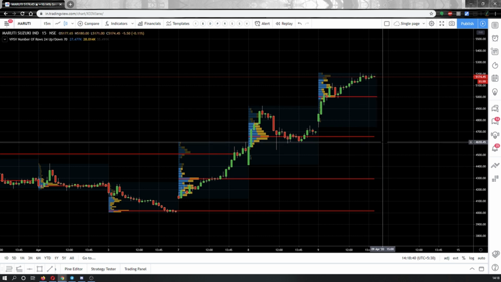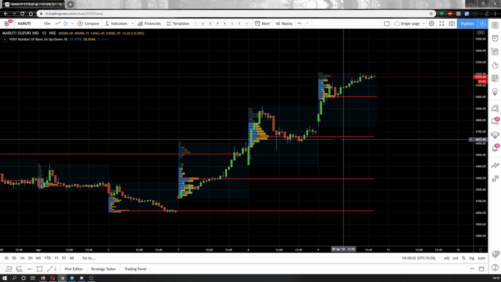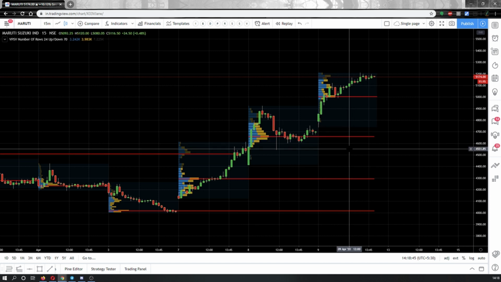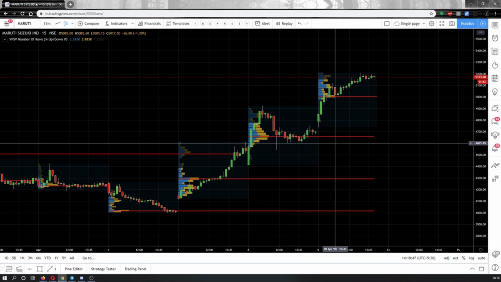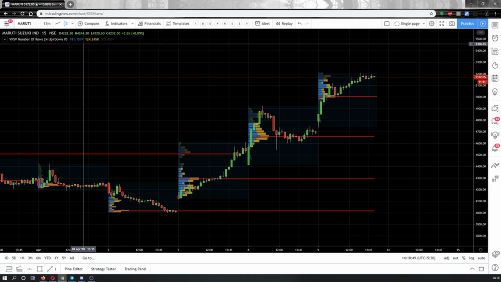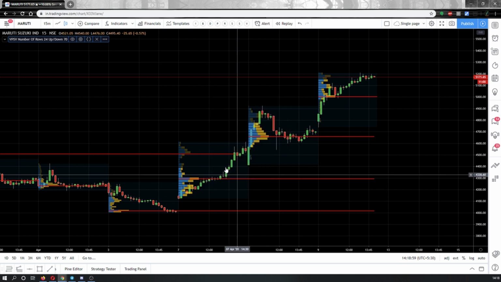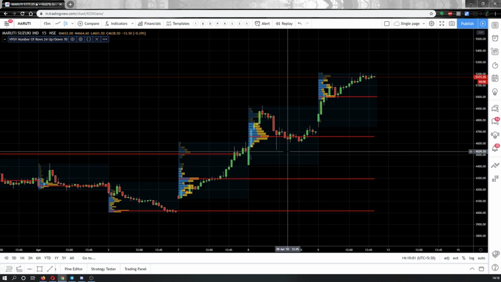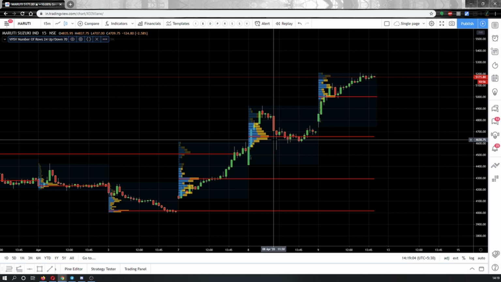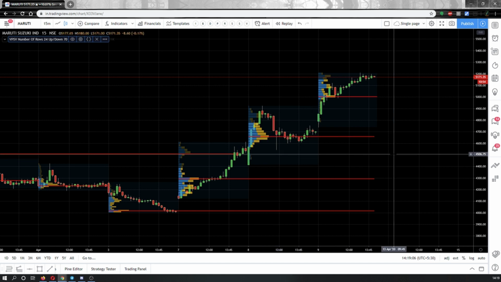Next important thing that you need to take care of is that you need to make sure that you extend the POC line of the previous days towards the right hand side of the chart. And how do you do that? You go to the settings and you need to click on this particular checkbox which reads extend POC right. If you click on that checkbox, it will extend the POCs of the previous days towards the right hand side of the chart.